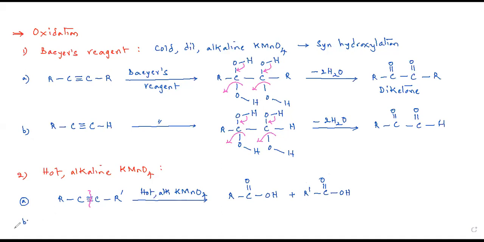Then going for the terminal one. In this case, see from this end, we get a carboxylic acid. And from this end, of course, a carboxylic acid, that is formic acid. But this formic acid is further oxidized.